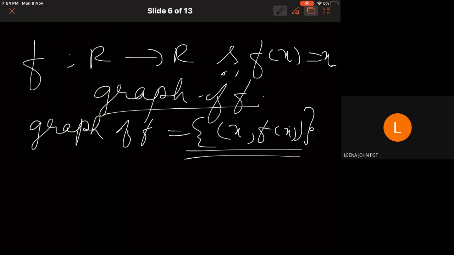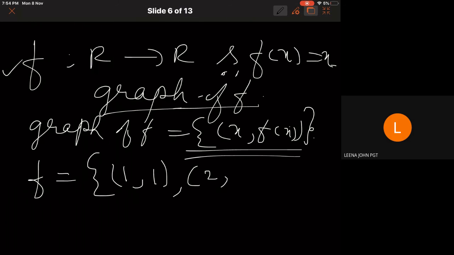So for this one, if you take some of the elements of this particular function, if you take 1, its image will also be 1. If you take 2, its image also will be 2, because image is defined in terms of f of x equal to x. So, image of 1 is 1, image of 2 is 2.